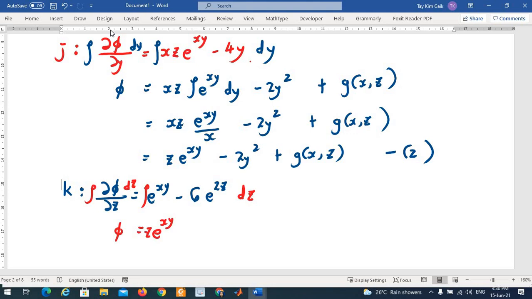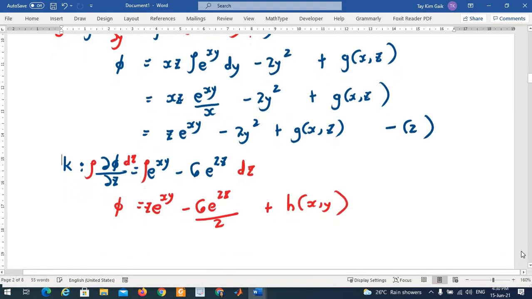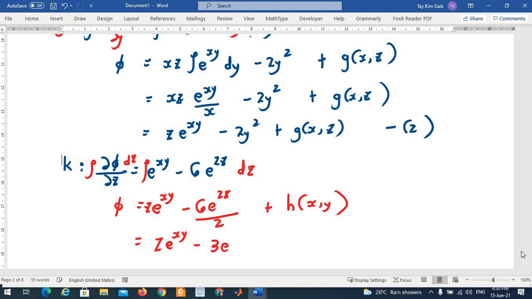Integrating negative 6e^(2z), you get negative 6e^(2z) divided by 2. Simplify it: z e^(xy) minus 3e^(2z) plus h of x and y.